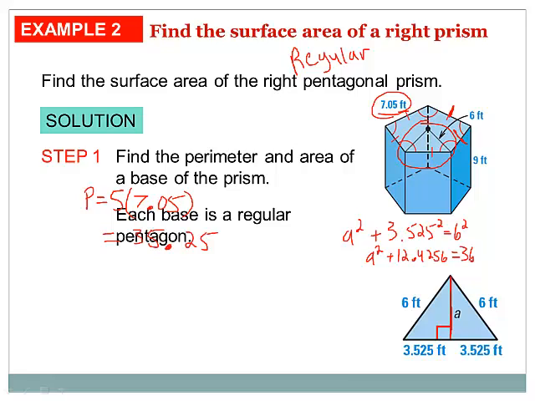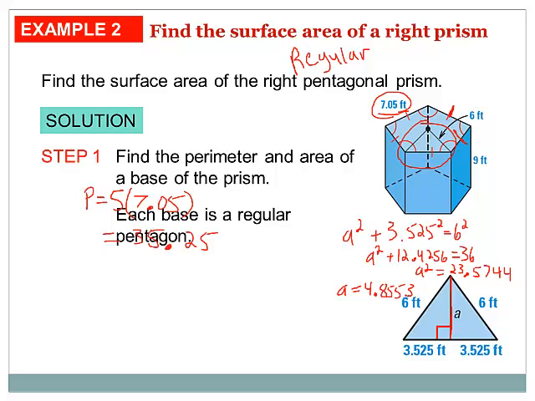And I will get A squared is equal to 23.5744. And when I square root this, I will have A is equal to 4.8553. So remember, wait to round until the very end, otherwise it could mess up your answer and you would be way off.